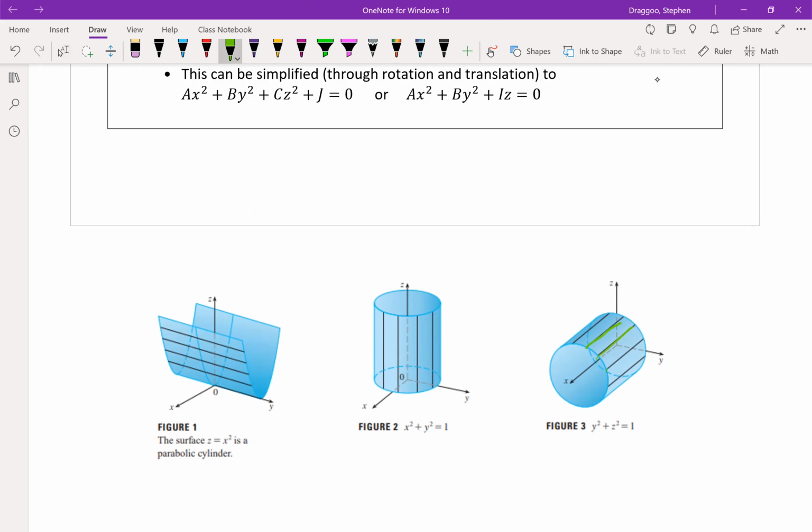Or in the cylinder in the middle, these straight lines connect one circle to the other.